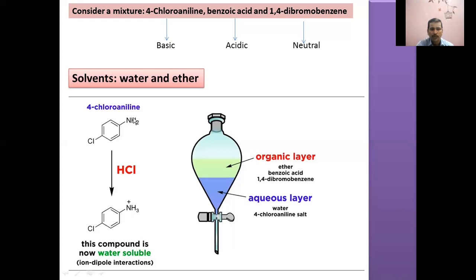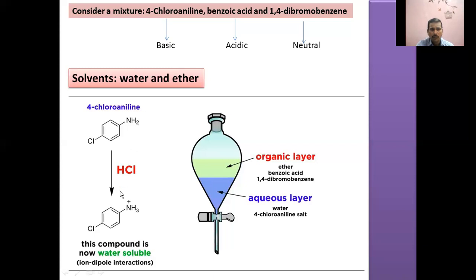So this is water soluble. This was water insoluble. Once you add dilute hydrochloric acid, say 5%, prepared using water, the separatory funnel is also having water. You may take water initially, or after the addition of HCl, water will be introduced.